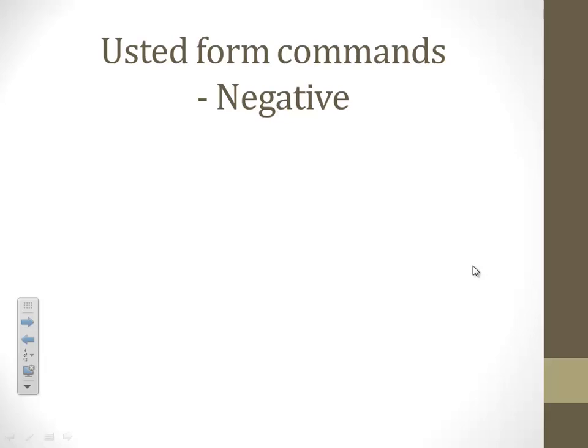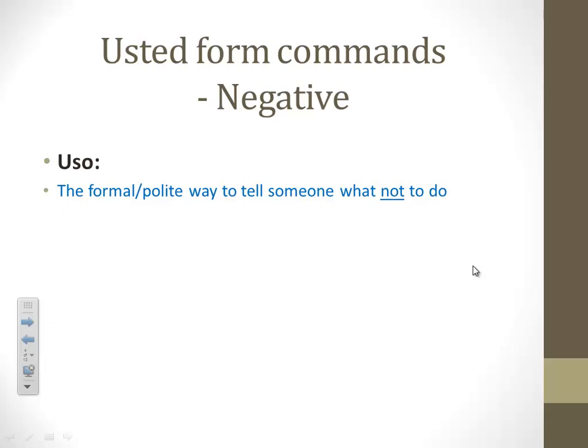Okay, let's talk about how we form a negative usted form command. If you're using a negative usted command, you're using it because you want to tell someone politely what not to do. To form it, it's the exact same formation as the affirmative.